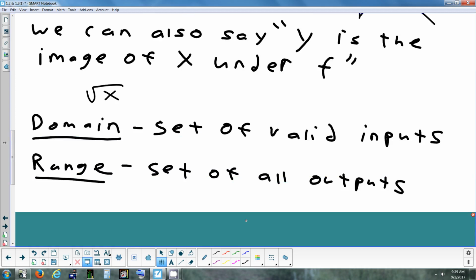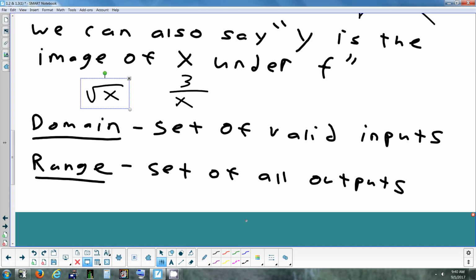Constants. That covers most of them. There's one more you can include in that. 0. So in this problem, square root of x, the domain is all non-negative numbers, or positive numbers and 0. You're not allowed to plug in -8 for the domain if you're dealing with real numbers. Okay, so there's a restriction on the domain. So some functions have restrictions on domain, some don't.